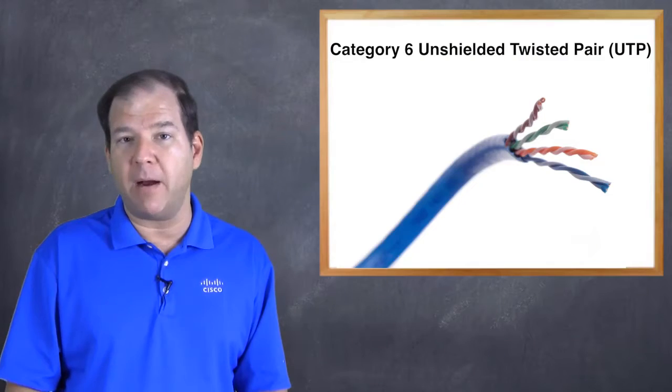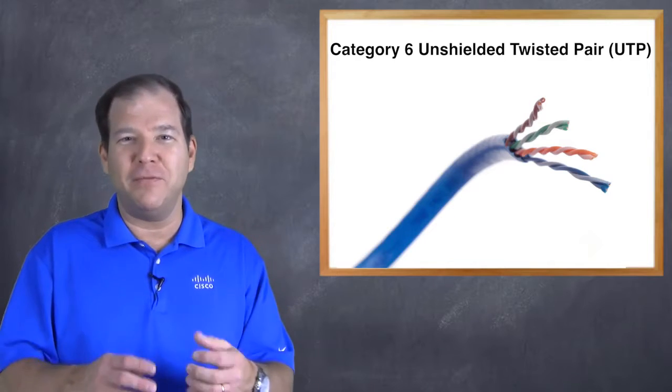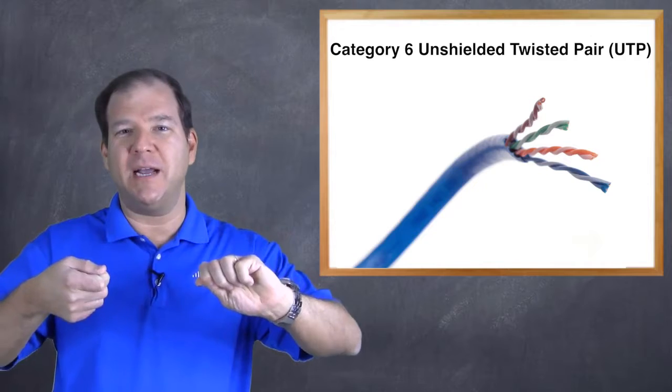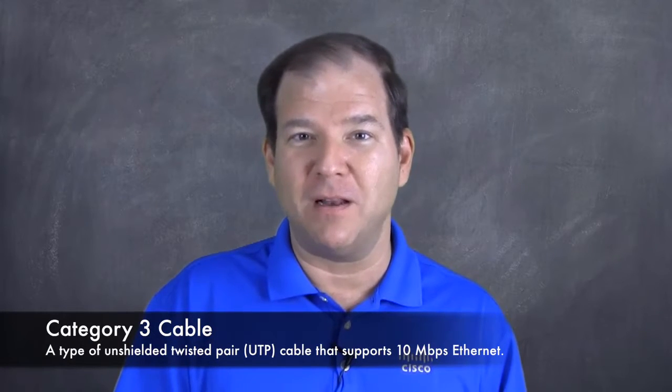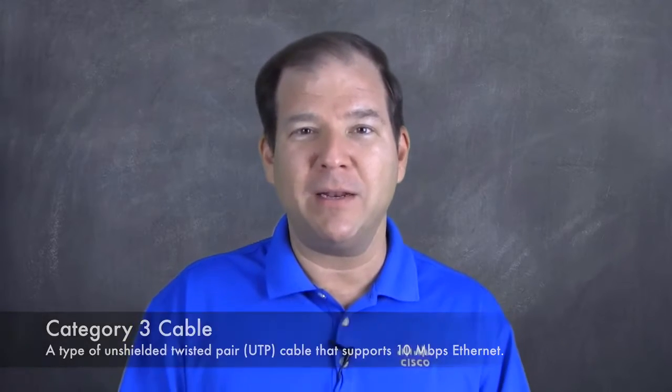We're most likely to see unshielded twisted pair, and there are even different categories of unshielded twisted pair depending on the gauge of the wire and how the individual pairs are twisted together. We could have category 3 cabling as one example. That was used in a lot of telephone and PBX installations. So when Ethernet using unshielded twisted pair came on the scene, people started using the existing PBX wiring, the category 3 wiring, to hook up computers. And that was great if we were running at 10 megabits per second.